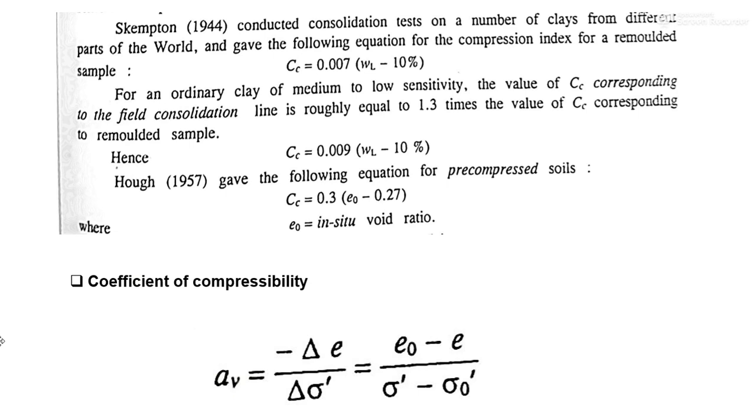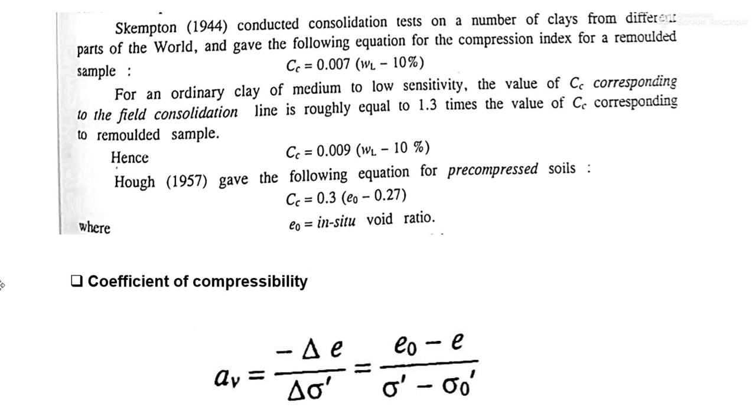Initial is always larger and final always less, so this value always becomes positive, but for indicating the decrement, the lowering of the void ratio, we have to use this minus sign.